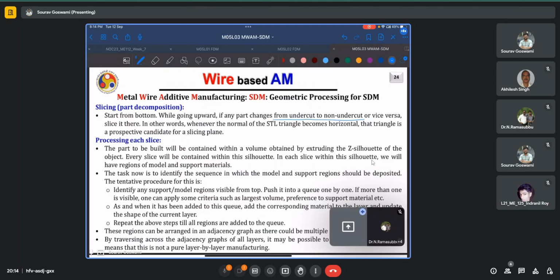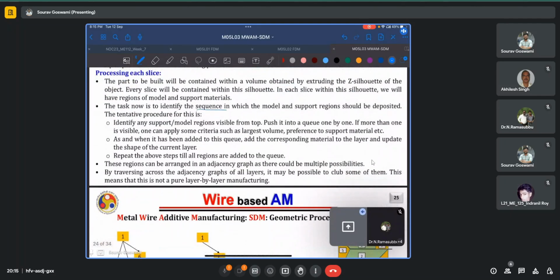Regions which do not need such support structures or are not overhanging will actually have the facet normals pointing upwards. And between this transition, it can be thought that there will be some horizontal facet, which will have its outward normal exactly horizontal. So wherever the normal of the triangle becomes horizontal, that triangle is a prospective candidate for a slicing plane.